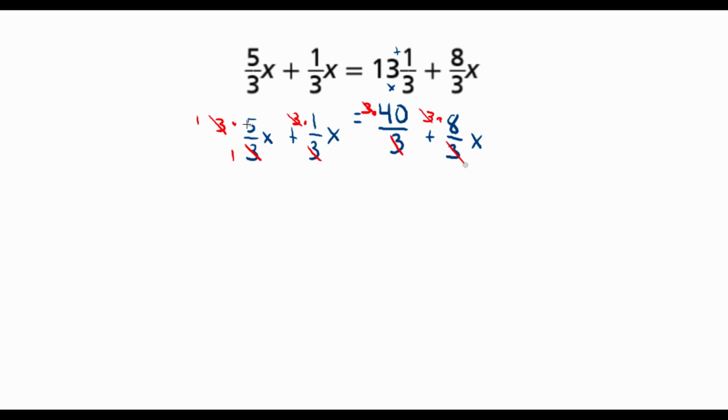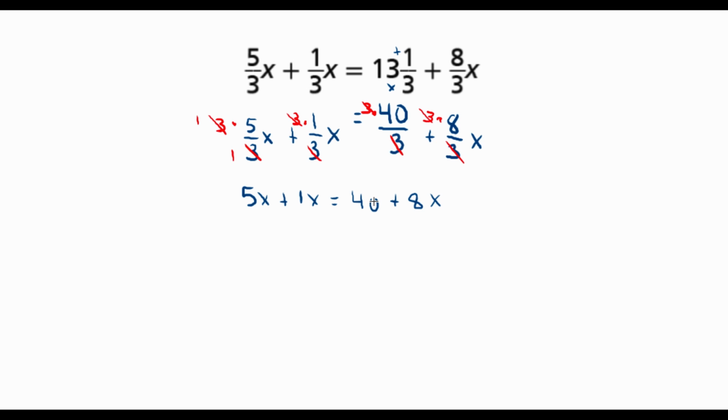So that will leave you with 5x, because this is a 1. 1 times 5 is just 5. So this will be a 5x plus, this will stay as 1x equal, this will remain as a 40 plus, and this will become 8x.